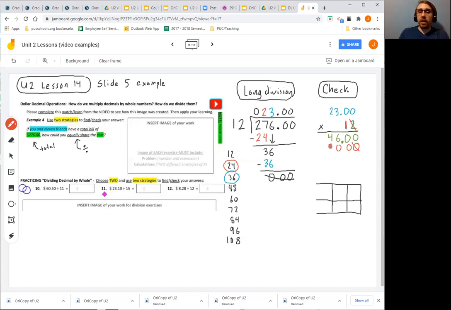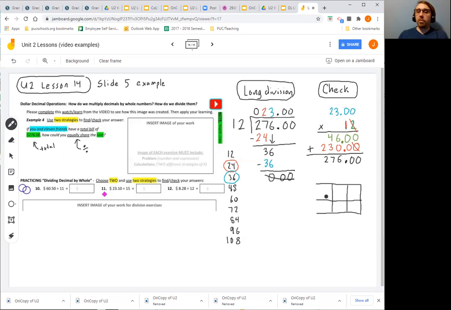And then 1 times 3, and 1 times 2. And there's, again, 2 places for decimals. So I'm going to add those answers together, and I get 0, 0, 6, 7, and 2. $276. And there we go.